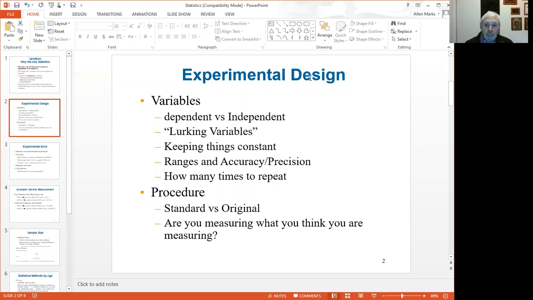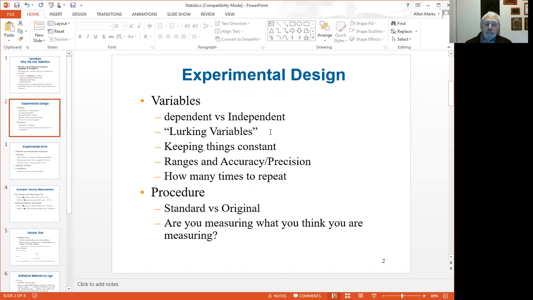When you do an experiment, you design it in such a way that you keep certain variables constant. You set values for certain other variables, different values, and then you measure the effect of those changing conditions on the variable that you're studying. That's the dependent variable. There are also something called lurking variables.